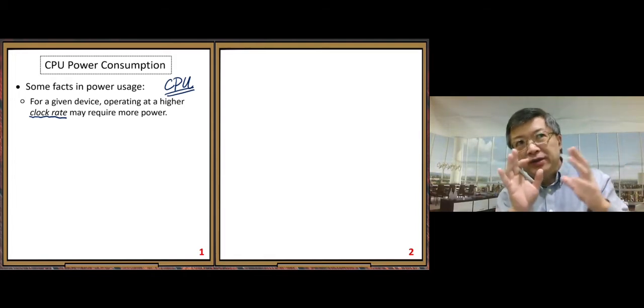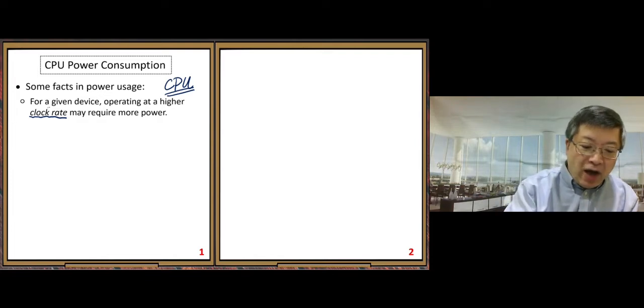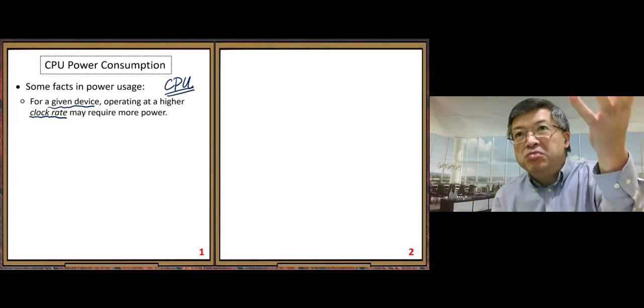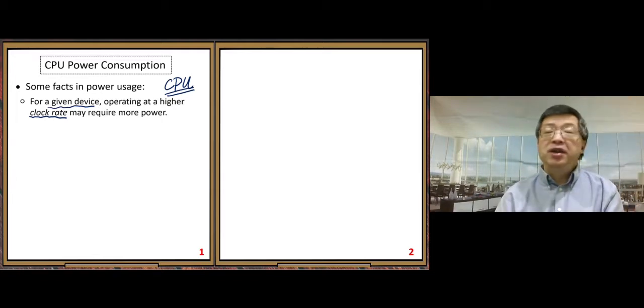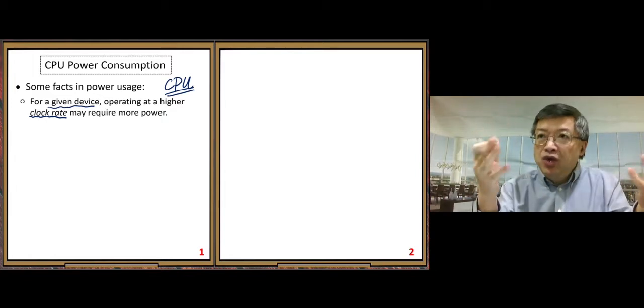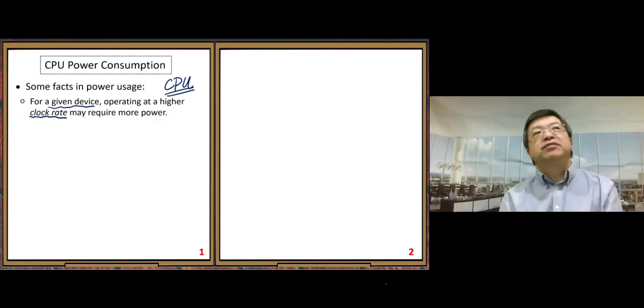That is related. So here, for a given device, what kind of device? The device inside the CPU, or a device controlled by the CPU. Many devices are controlled by the CPU. How to control? Based on the clock cycles.